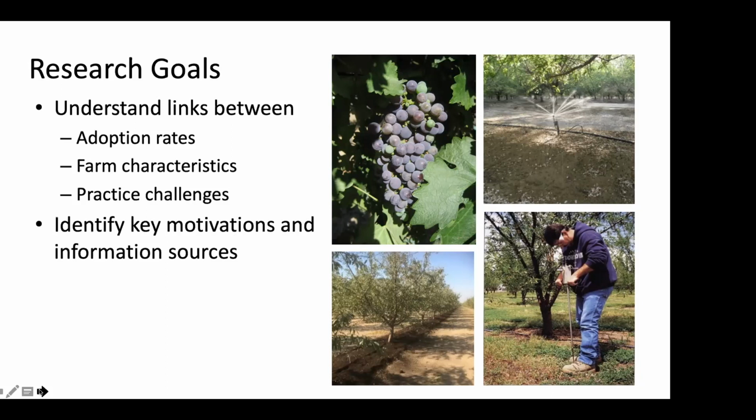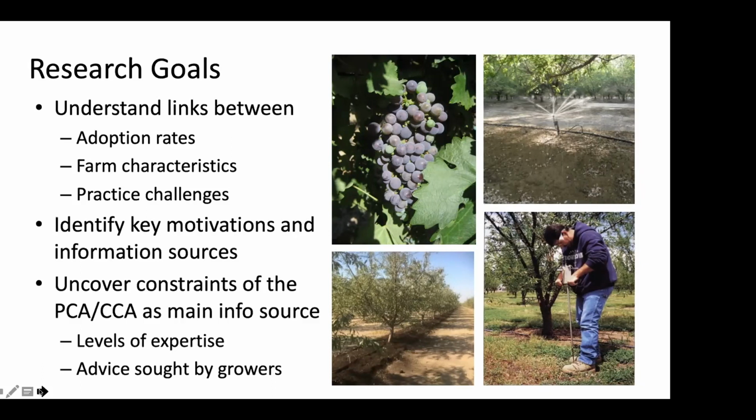We also want to then identify key motivations for those growers and technical advisors, and ultimately for growers, the information sources they're turning to for these types of conservation practices. And lastly, we wanted to uncover the constraints of the PCA CCA as the main information source.